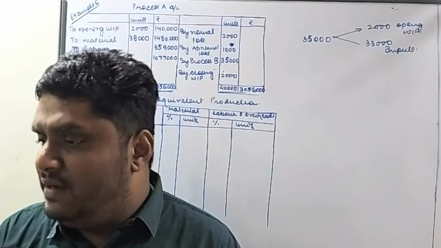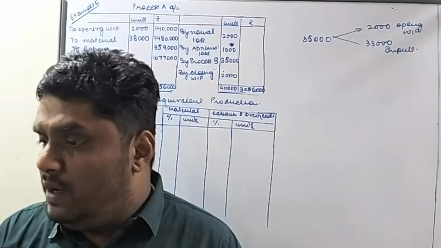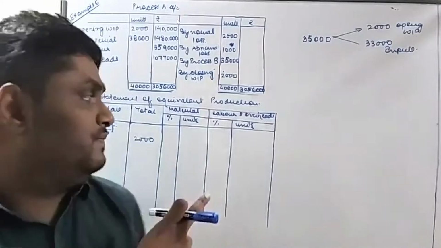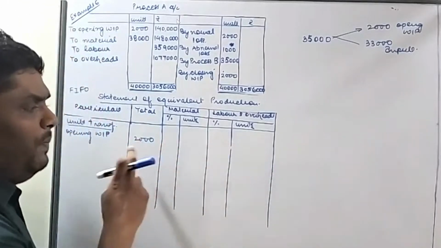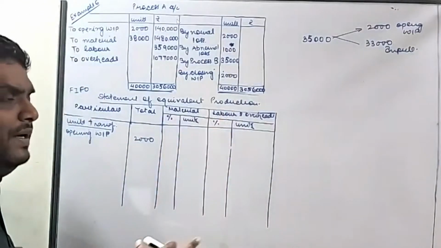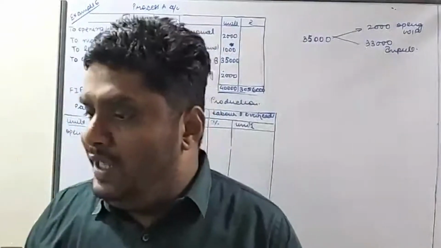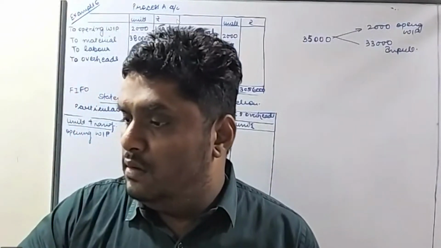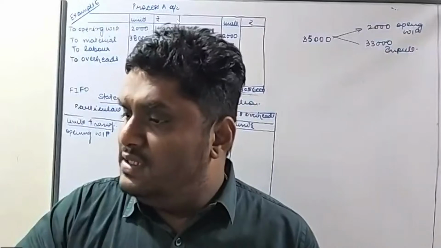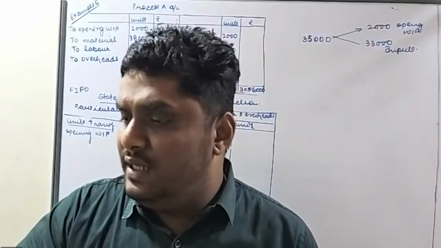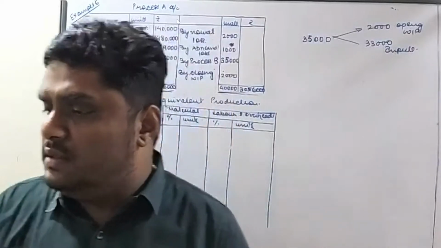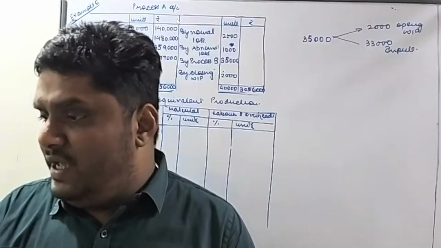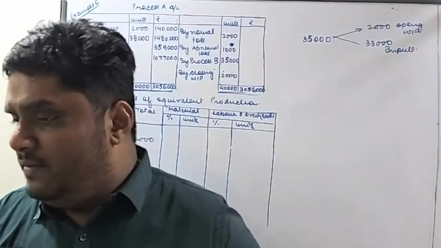Mahalakshmi, it is incorrect. Sunil Kumar, I'm just talking about opening work in progress, not the total material and labor and overheads. Only the opening work in progress. Almas, your answer is correct. Prem Kumar, your answer is correct. Rest all waiting for your answers. Ananya, let me check. I think it is incorrect, my dear.